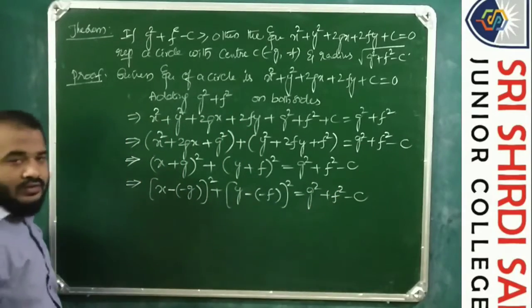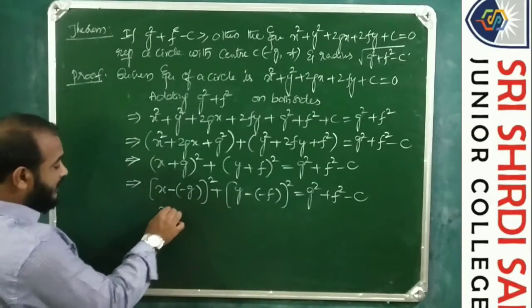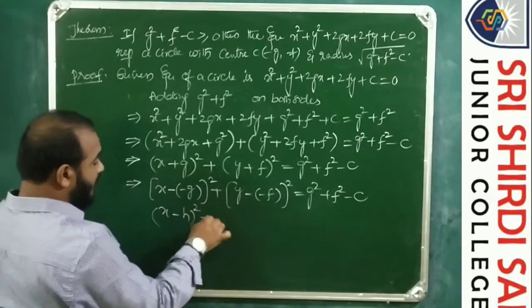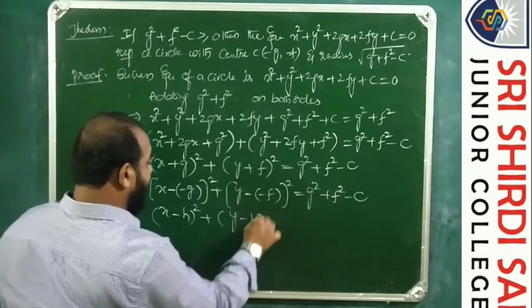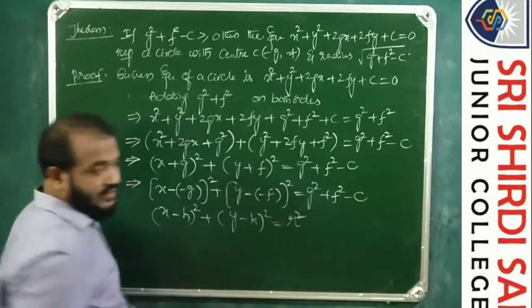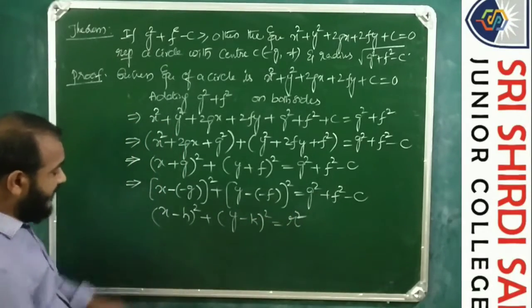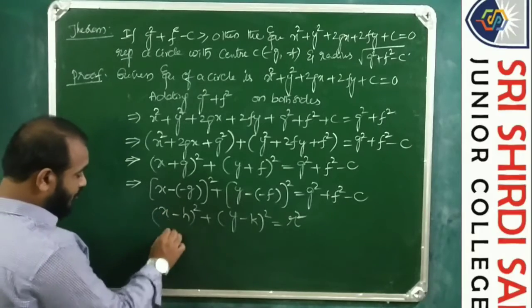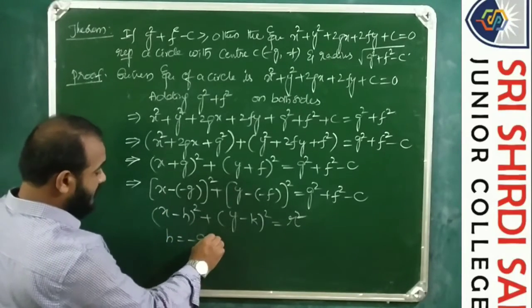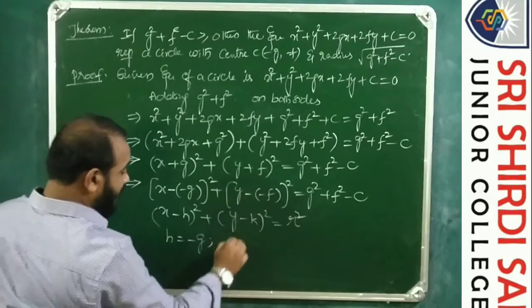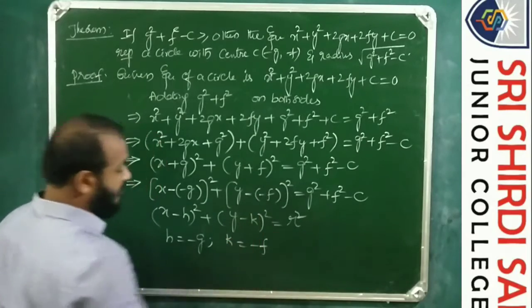So this, when compared with (x minus h) whole square plus (y minus k) whole square is equal to r square, we get h is equal to minus g, k is equal to minus f.